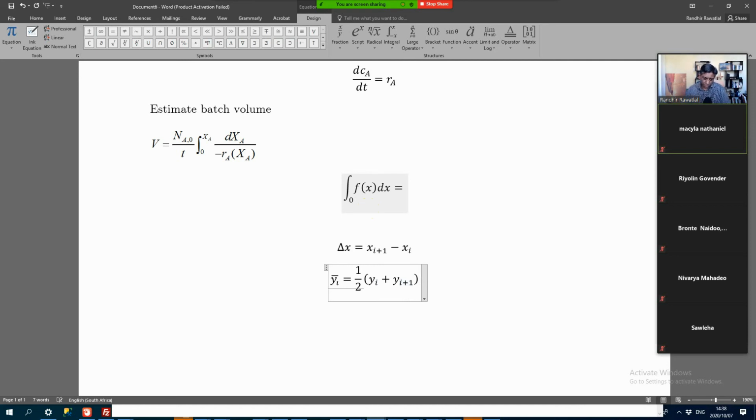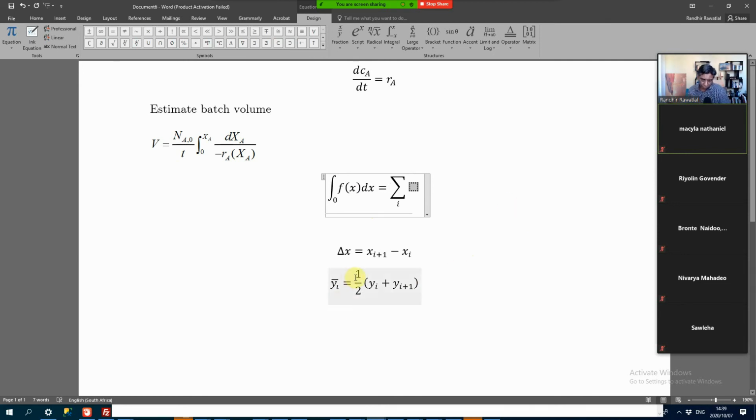Right. So that's an estimate of the average value of y, and so your Riemann integral is nothing but the sum of all those, sum over i, of your mean value of y in each case, multiplied with your delta x. This should be delta x sub i.